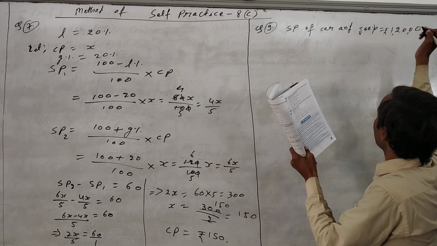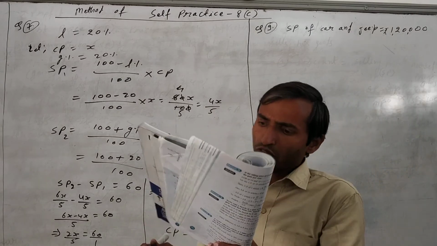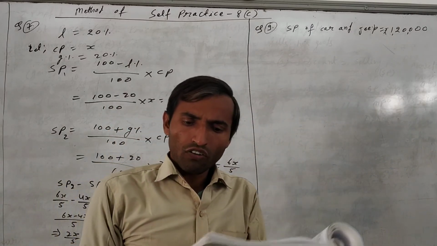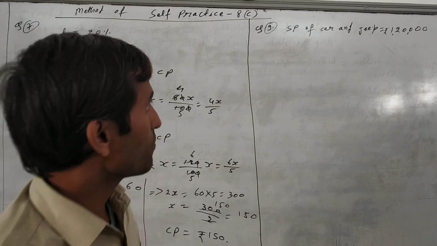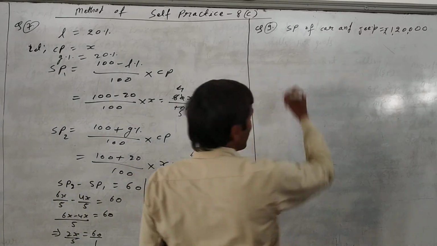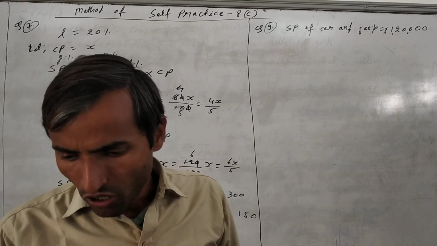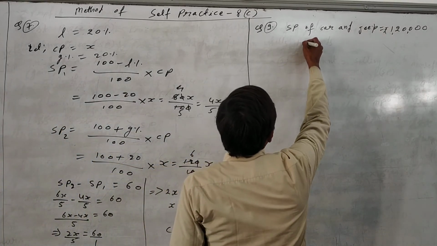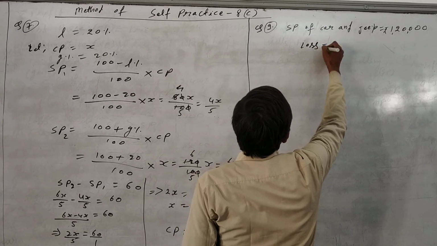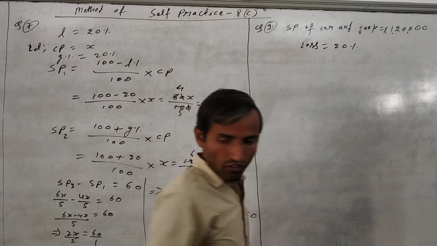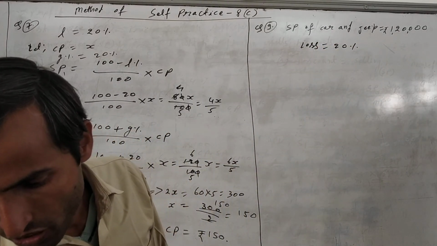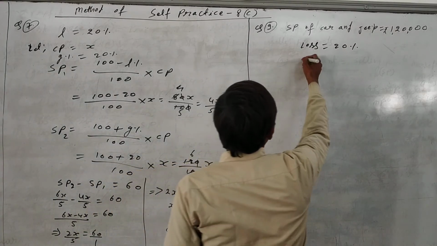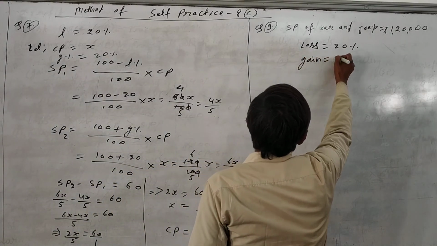So first of all we will find CP of car and CP of jeep. The question says the car had a loss of 20%, so loss percent is given as 20%, and profit percent is also given. Gain percent is given again as 20%.